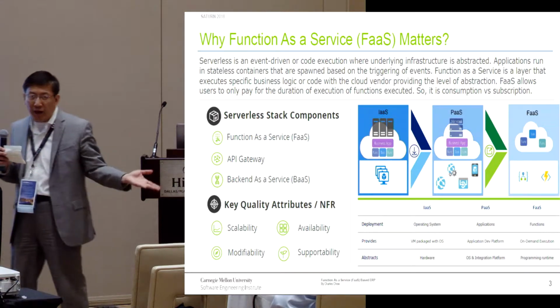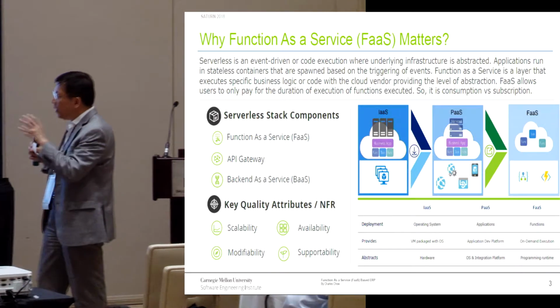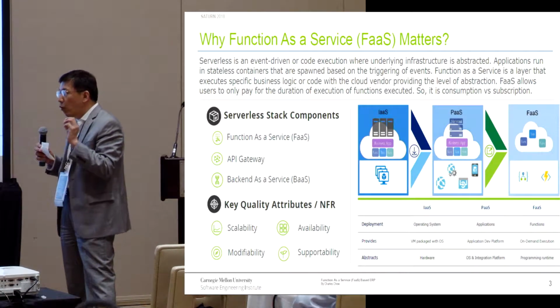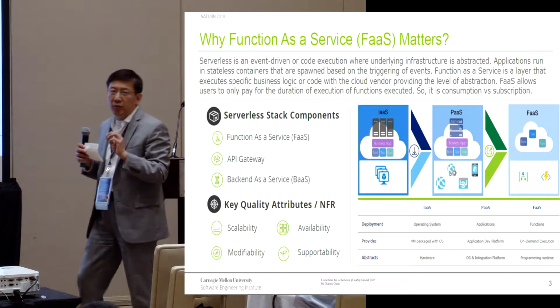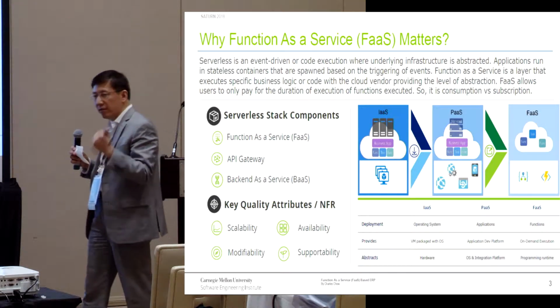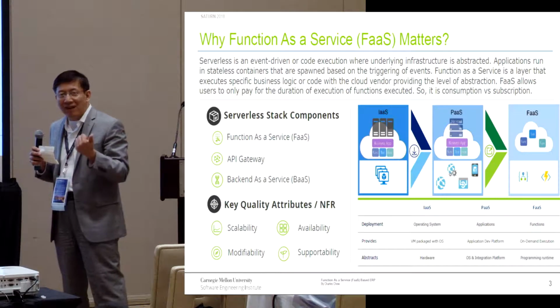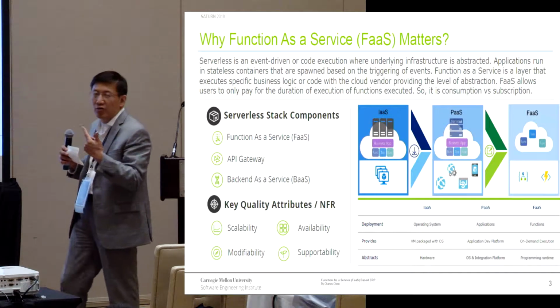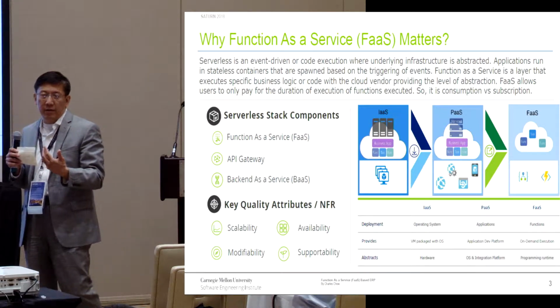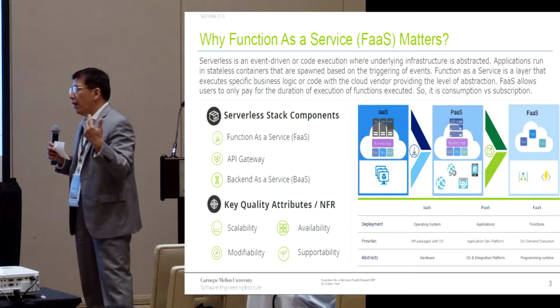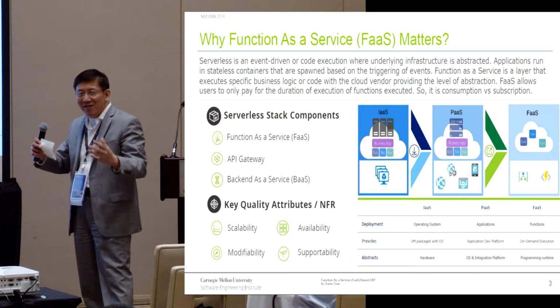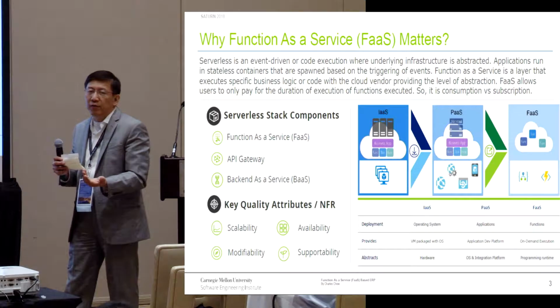We have 125 and even more, but of the key four I highly recommend everybody take into consideration scalability, how we scale, which is the key feature and advantage of FaaS or serverless architecture, and modifiability, meaning how you can modify the business logic.